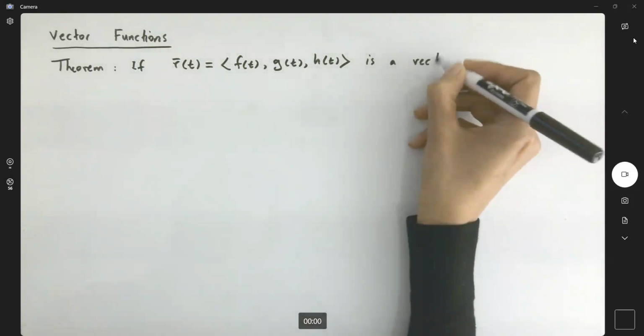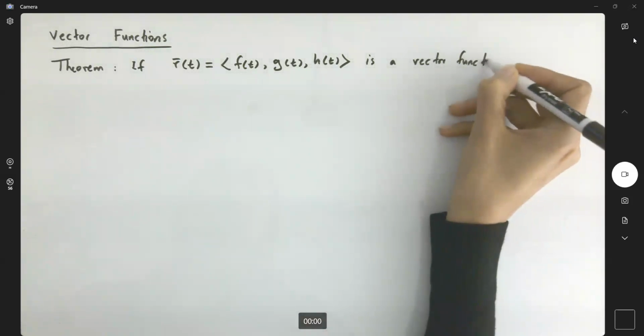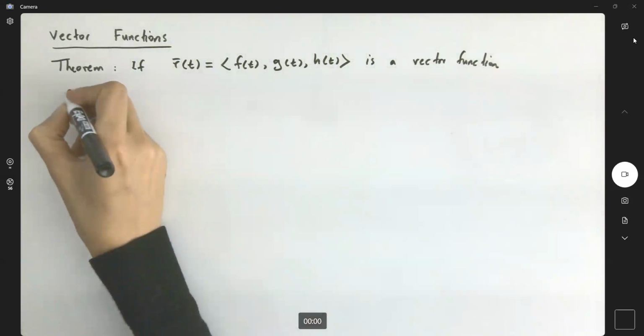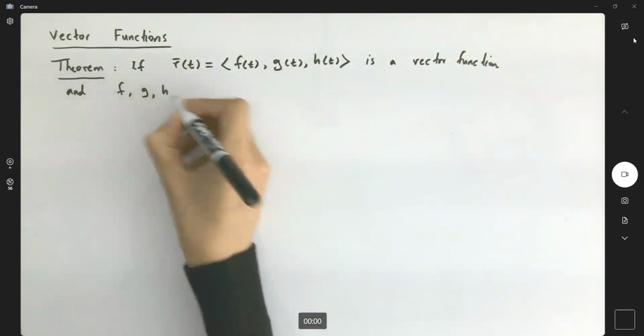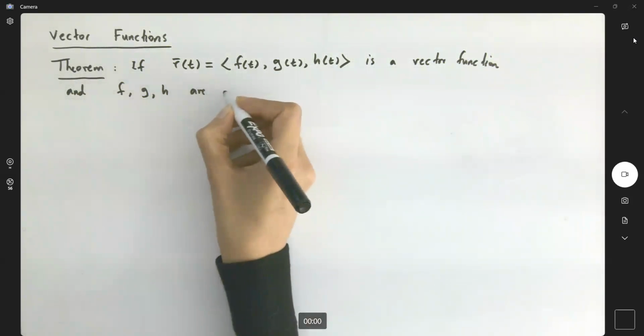Suppose r is a vector function, and f, g, and h are differentiable functions.